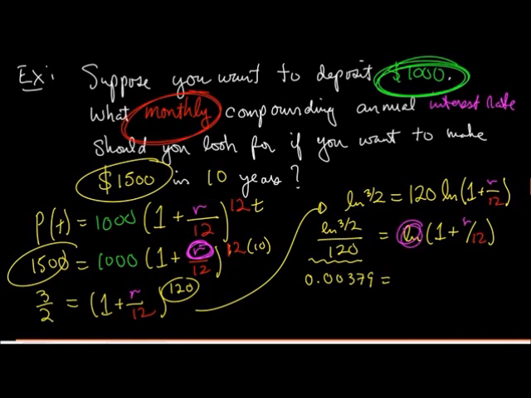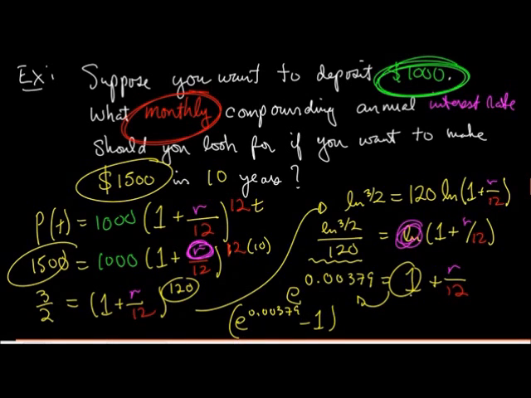See, we need to get rid of this thing. So we'll take e to both sides. We raise e to the left-hand side. Then e to the right-hand side gets rid of the natural log, and you get 1 plus r divided by 12. And now it's really simple. You just subtract 1 from both sides, so you put this on the other side. Okay, so you'll get e to the 0.00379 minus 1.